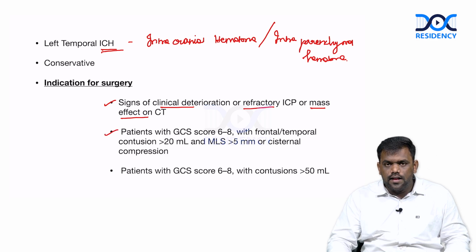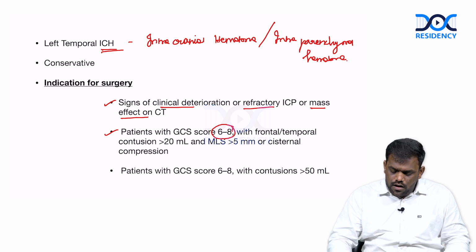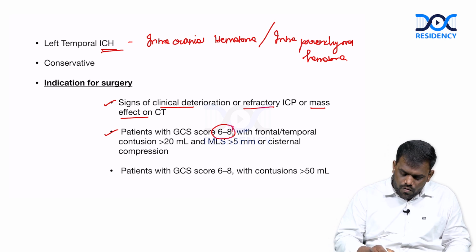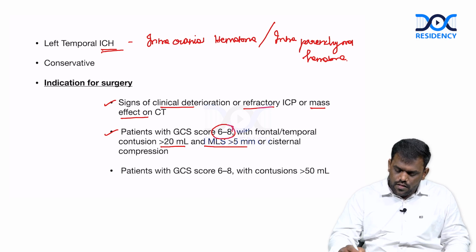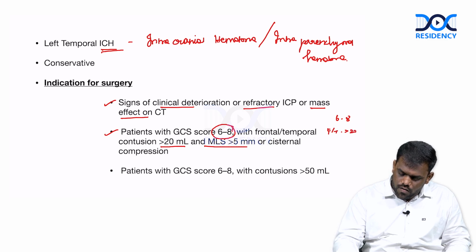Number 2 is when the patient's GCS score is 6 to 8 with a frontal or temporal contusion of more than 20 mm and a midline shift of more than 5 mm, or whenever there is cisternal compression.